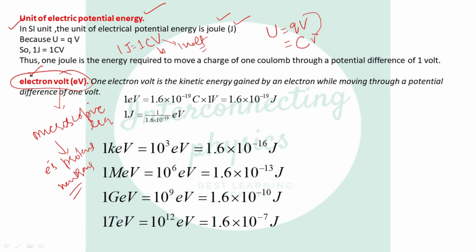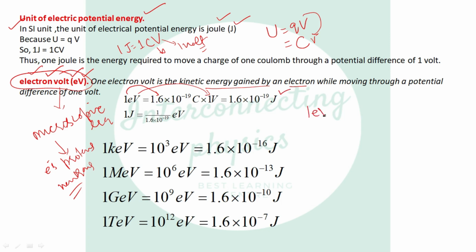And 1 electron volt is the kinetic energy gained by an electron while moving through a potential difference of 1 volt. So what is the charge on an electron? 1.6 into 10 raised to power minus 19 coulomb, and 1 volt is 1 volt, so it is 1.6 into 10 raised to power minus 19 joule.